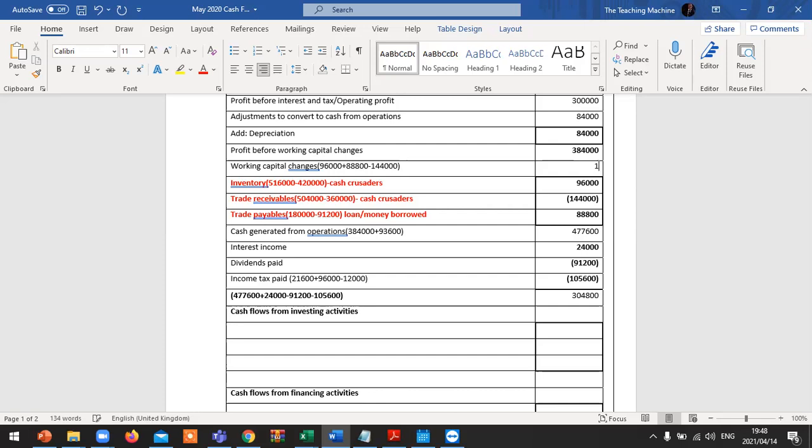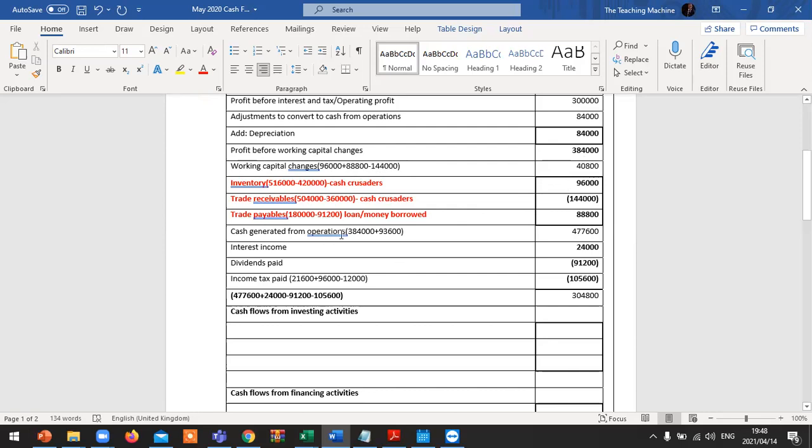40,800. How did you get 40,800? We said 96,000 plus 88,800 minus 144,000. This box here is the combination. It should give us the working capital.